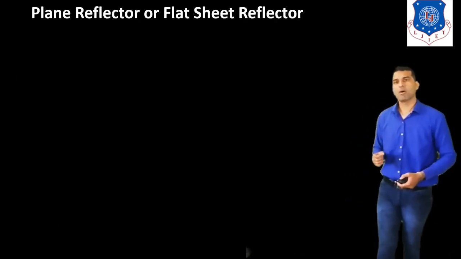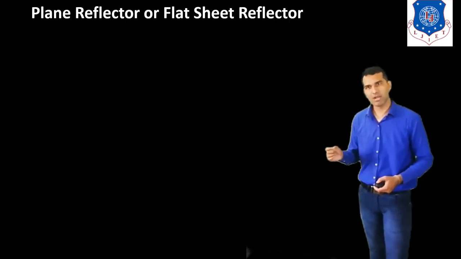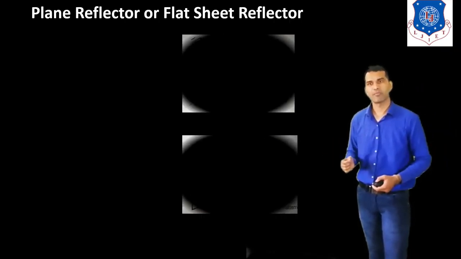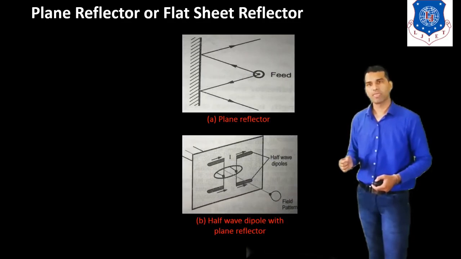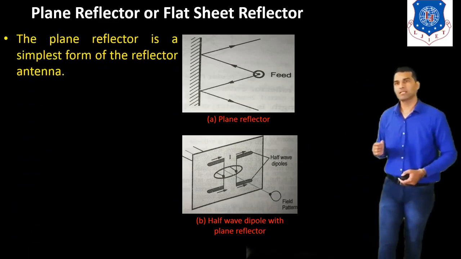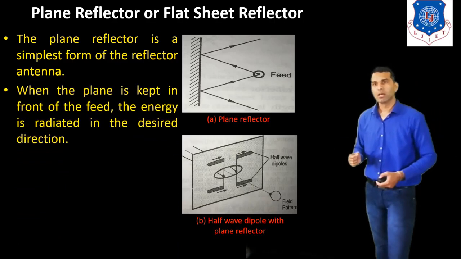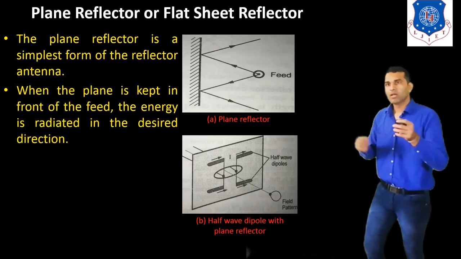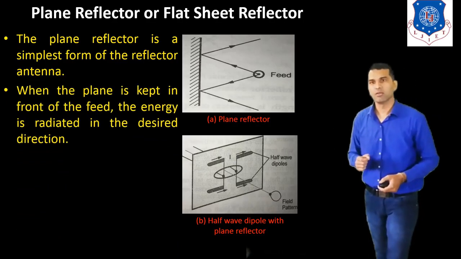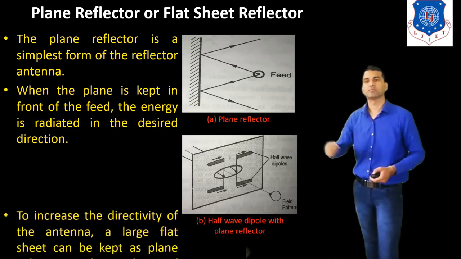Now we discuss the first one, the plane reflector, also known as a flat sheet reflector antenna. Here we see a flat sheet reflector antenna. The plane reflector is the simplest form of the reflector antenna. When the plane is kept in front of the feed, the energy is radiated in the desired direction.